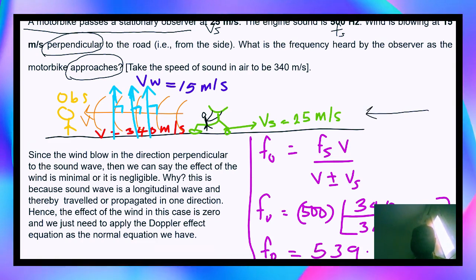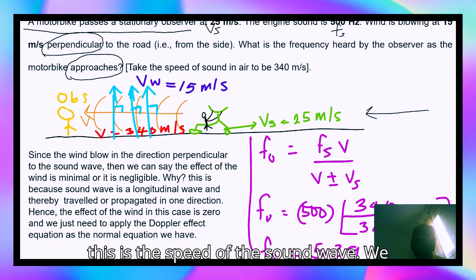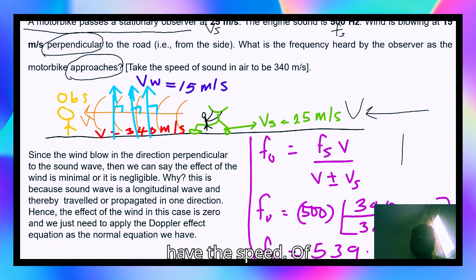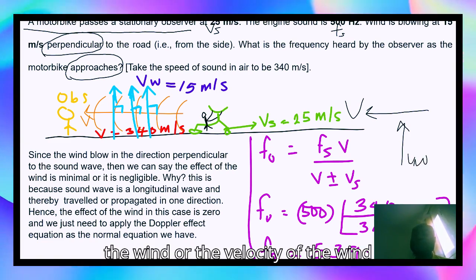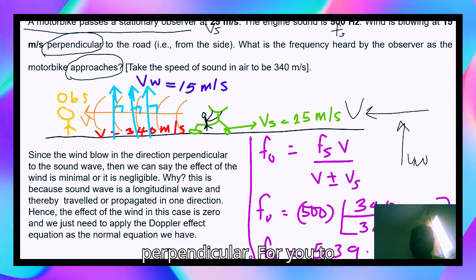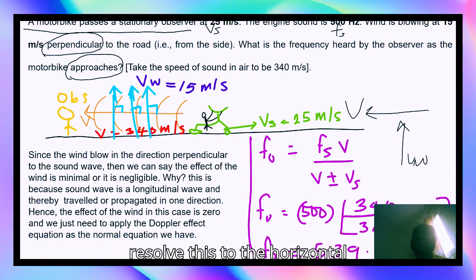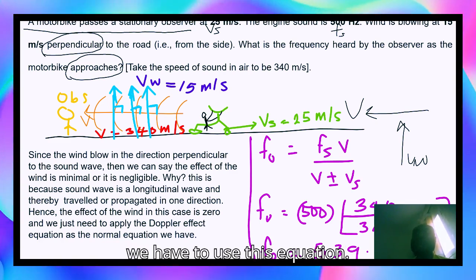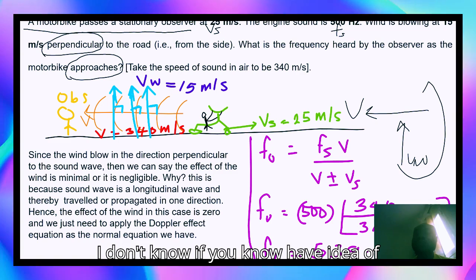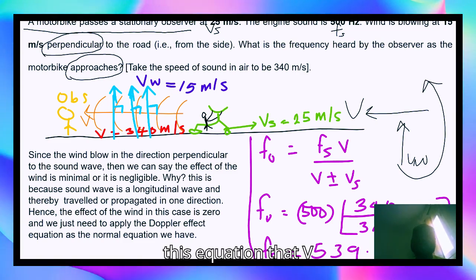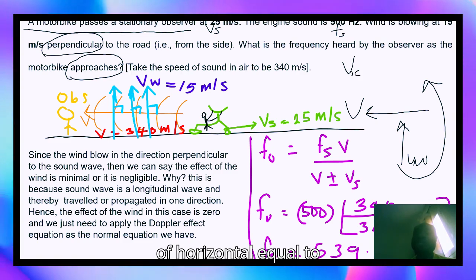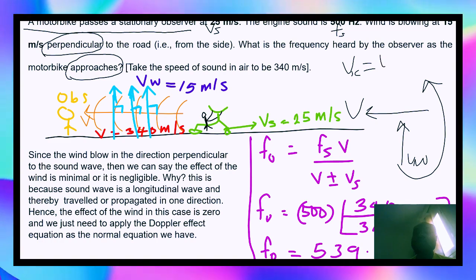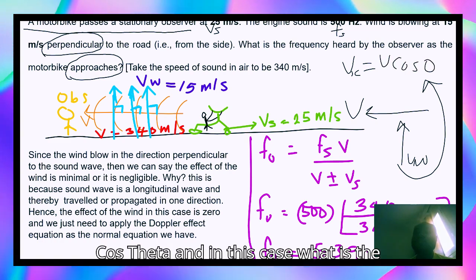Now we have this is the speed of the sound wave. We have the velocity of the wind, perpendicular. For you to resolve this to the horizontal, we have to use this equation. I don't know if you have an idea of this equation: V horizontal equals V cos theta.